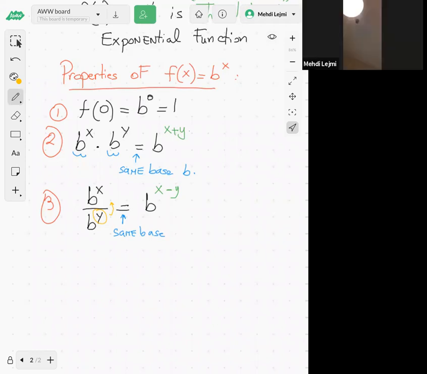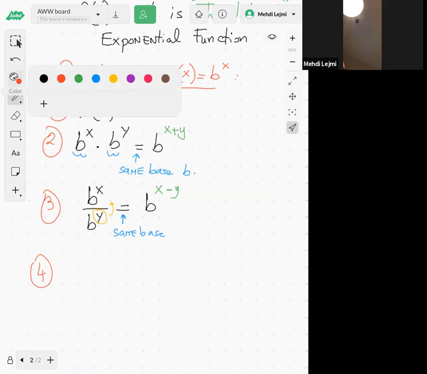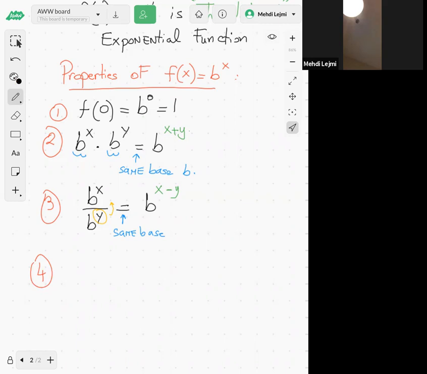Okay. And the last property of this exponential is when you have two different exponentials, so let's say you have a to the power x over b to the power x.